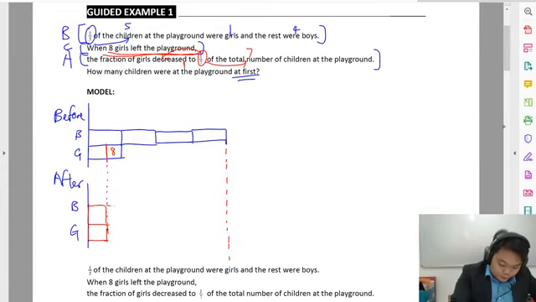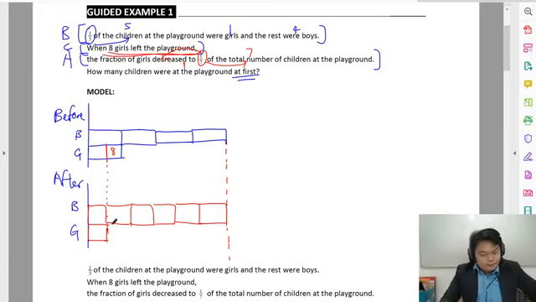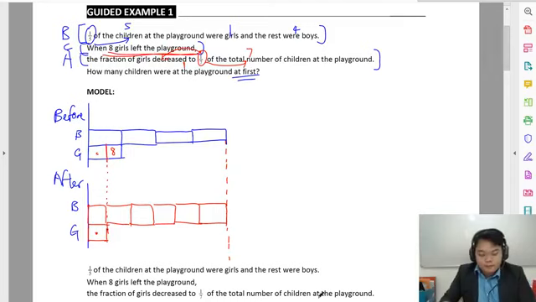So we'll draw 6 of these red blocks like so. Okay? And once we have done this, we need to see that in every blue block, this can be cut into 1 red block and 8.